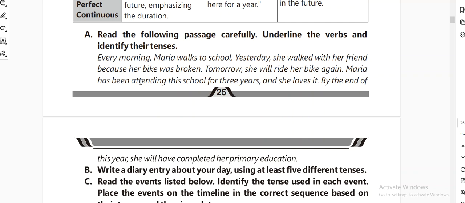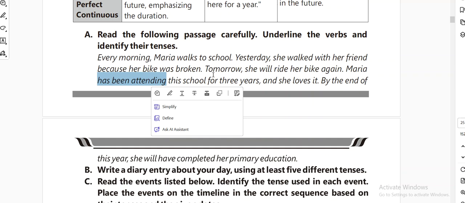Then, Maria has been attending this school for 3 years and she loves it. Maria has been attending this school. So attending is the verb here. Has been shows that it is present perfect continuous tense. Has been attending, it's showing the present perfect continuous tense.